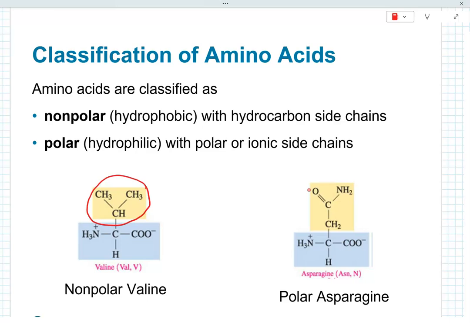If the side chain contains organic substituents, functional groups that make it polar, for example, a carbonyl group and an amino group that both make this carbon fairly positively charged, we call it a polar amino acid. Within each group, there is a bit of a division, which we're going to discuss.